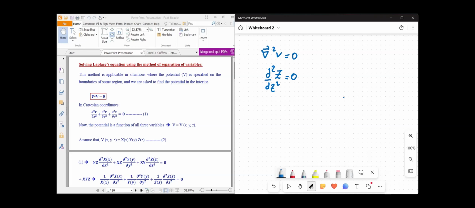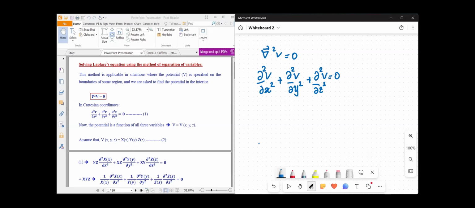If we have a situation where we have all three coordinates, then del squared V over del x squared plus del squared V over del y squared plus del squared V over del z squared is going to be 0.